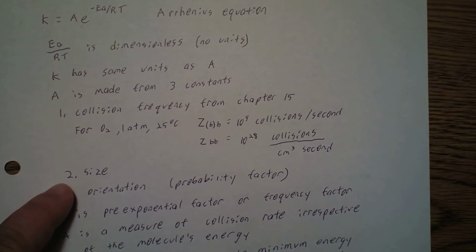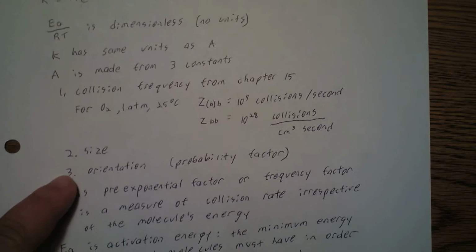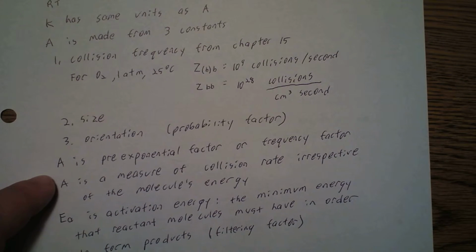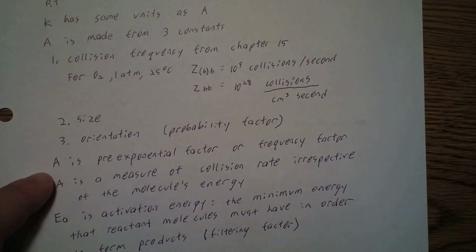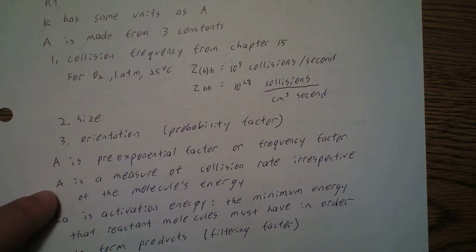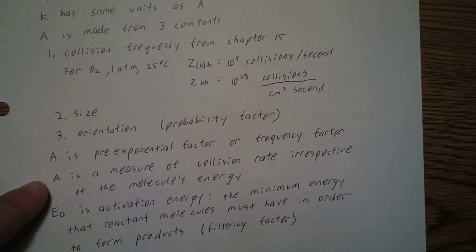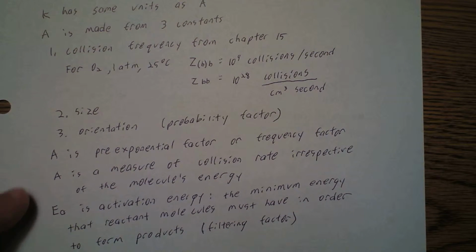The second is the size of the molecule, and the third is the orientation of the molecule if it's not spherical. This will be your probability factor. So A is what we call the pre-exponential factor, or the frequency factor. A is a measure of the collision rate irrespective of the molecule's energy.